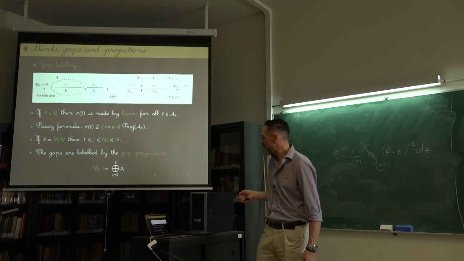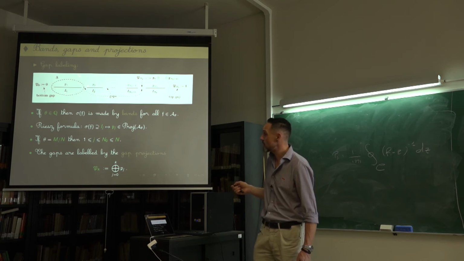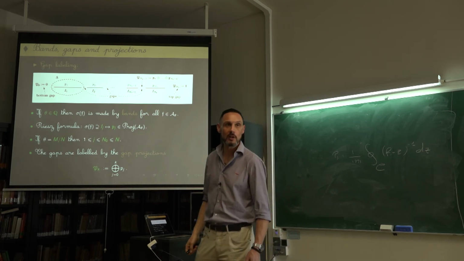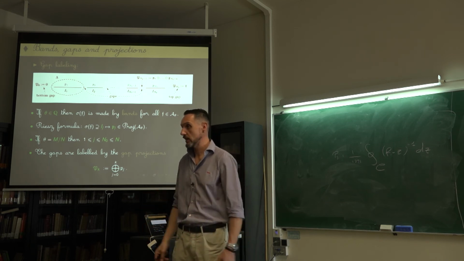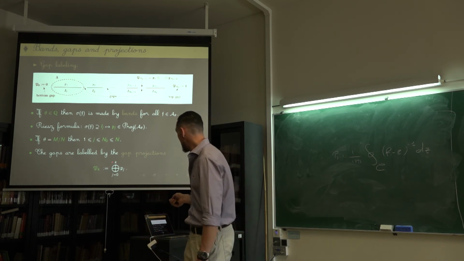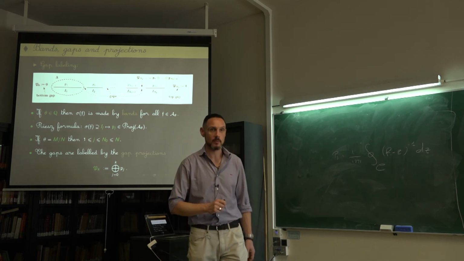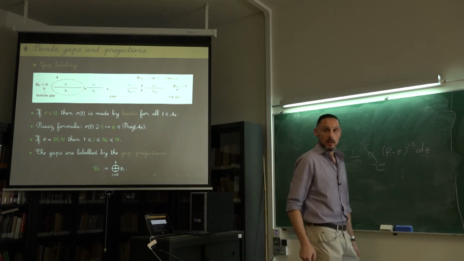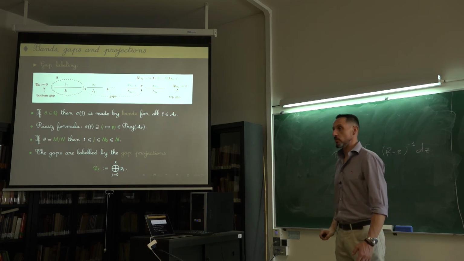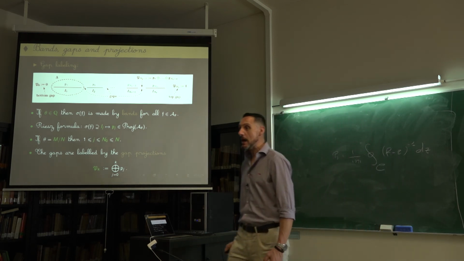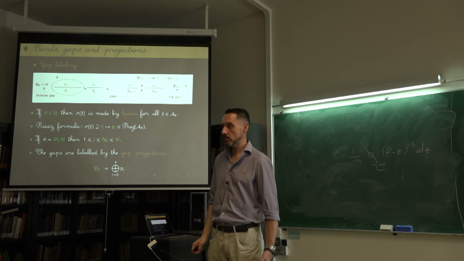I can write the orthogonal sum because the projections associated to these bands are mutually orthogonal. They belong to parts of the spectrum which have no intersection, so they are automatically orthogonal. Then this orthogonal sum makes sense. Then, to each gap, I can associate a projection. I'm labeling the gap with a projection.